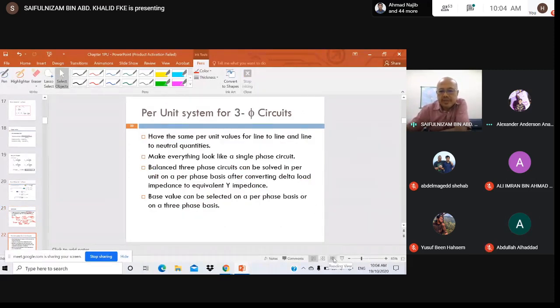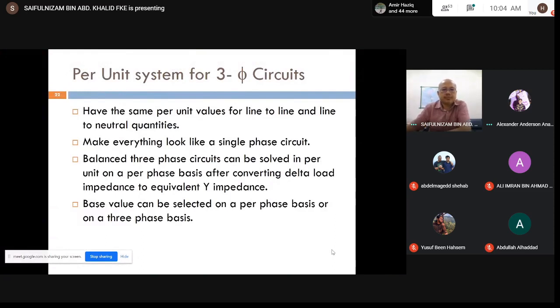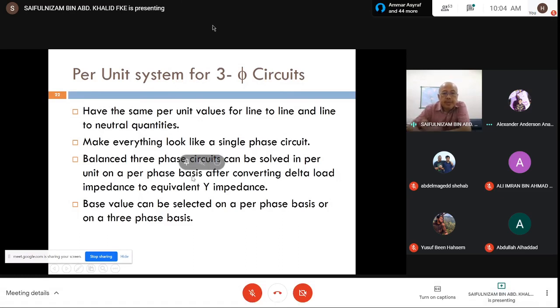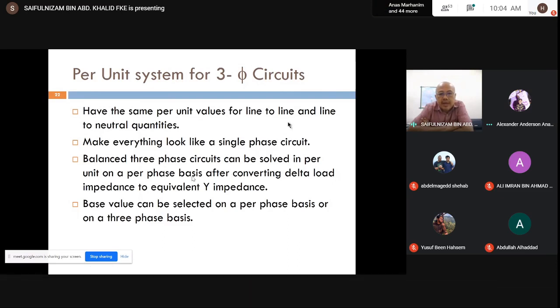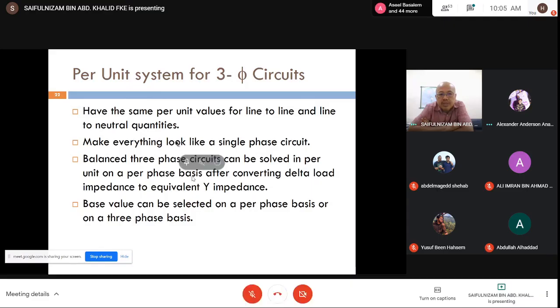Okay, now we move on to the three-phase circuit. In a three-phase circuit, the per unit system has the same per unit values for line-to-line and line-to-neutral quantities, meaning that the line-to-line and line-to-neutral quantities are similar.